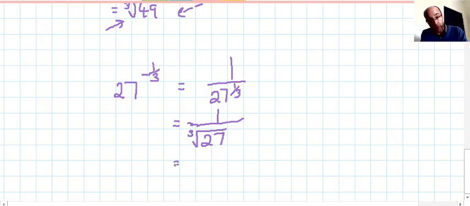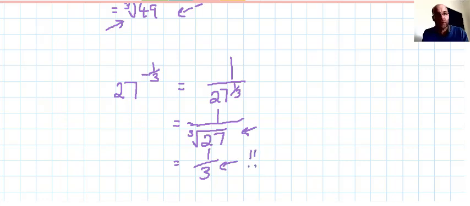Now 3 by 3 by 3 is 27, so that's 1/3. So always be on the lookout that you can go beyond the surd notation to a simplified number. Sometimes you'll see that. So they're rational indices.